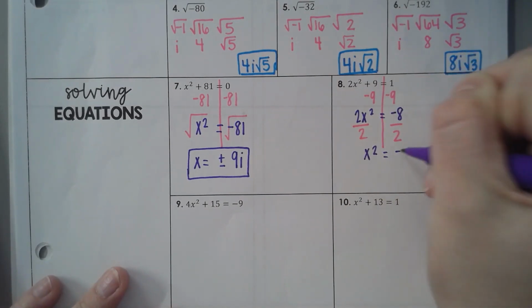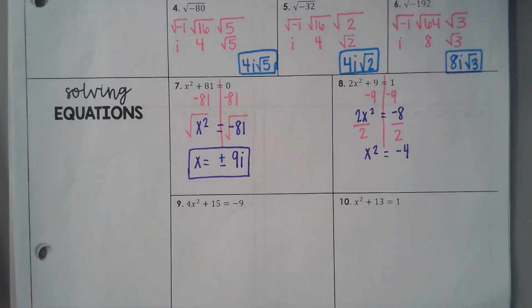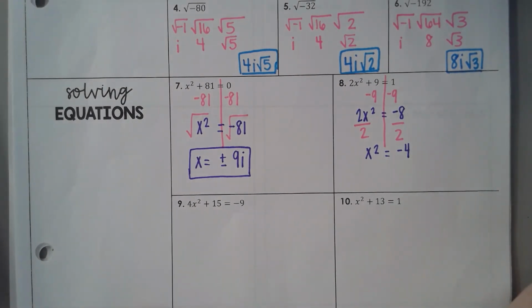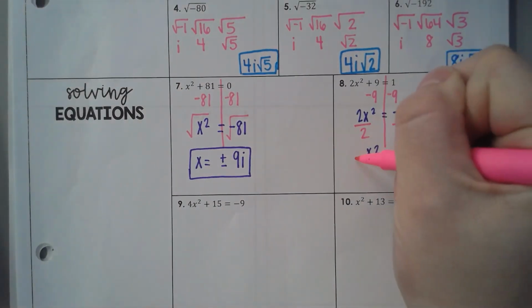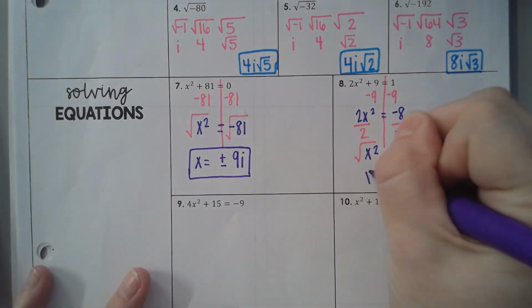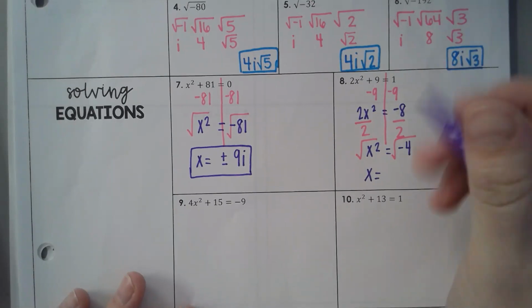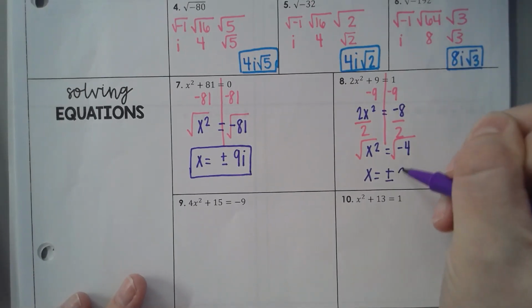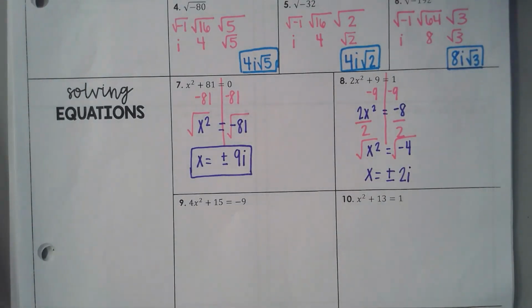X squared equals negative 4. And then I take the square root. And what's the square root of negative 4? 2i. In these equations, you have to put plus or minus.